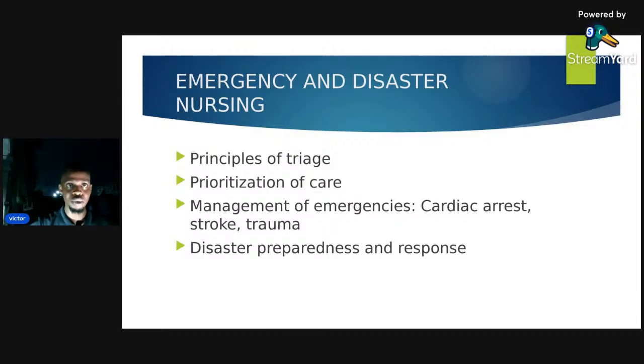There might be earthquake, there might be natural disasters. So you as a facility, you as someone that is organizing or that has an institution in the form of hospital or any healthcare, you have to prepare ahead before danger. So that is all about emergency and disaster nursing.